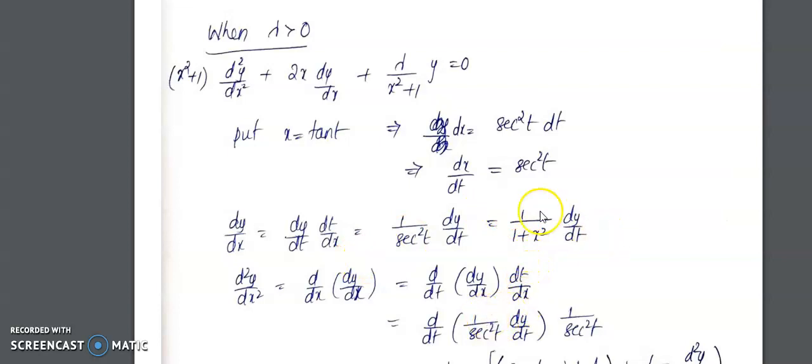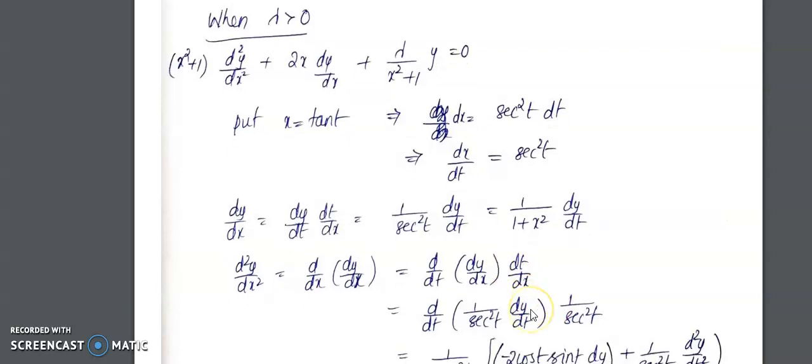We already found dy by dx in this step. In terms of t, that will be equal to this. Let us substitute that. So you will get d by dt of (1 by sec square t dy by dt) into 1 by sec square t, that is dt by dx.